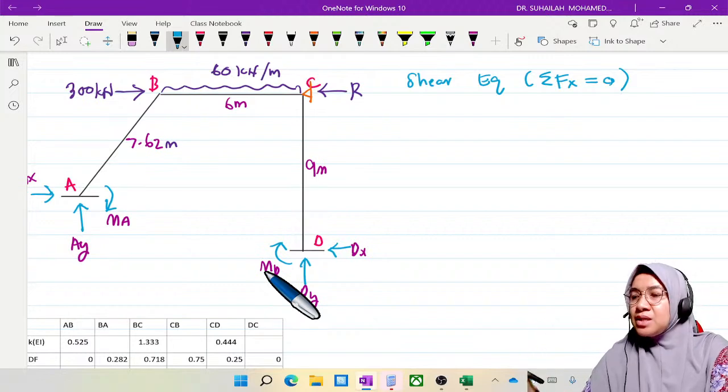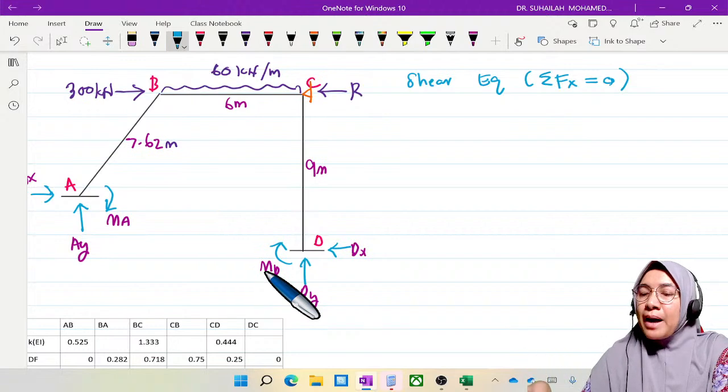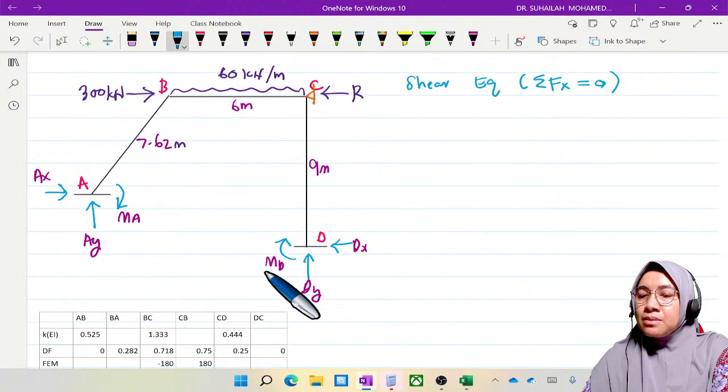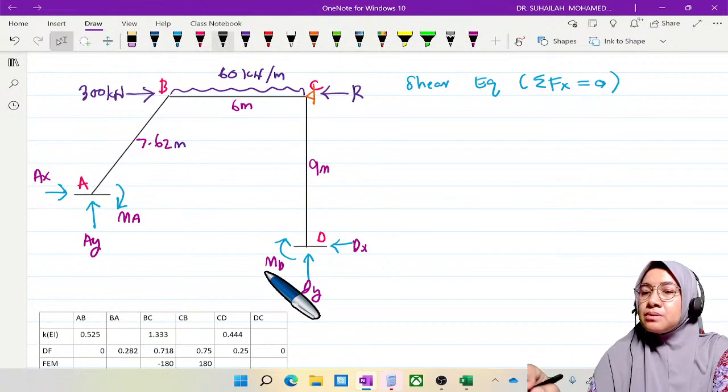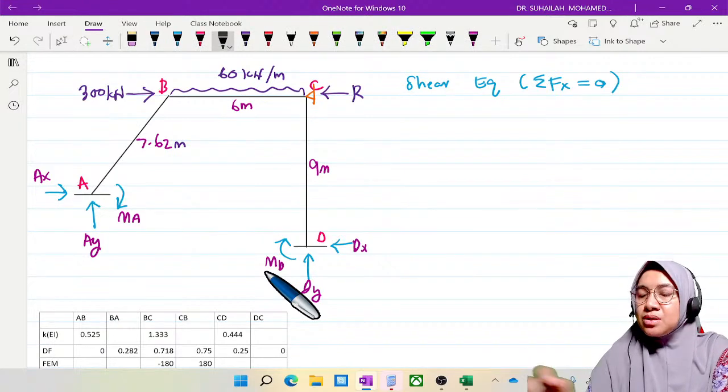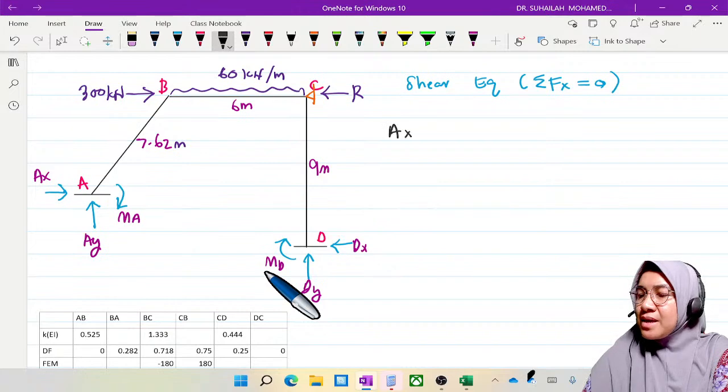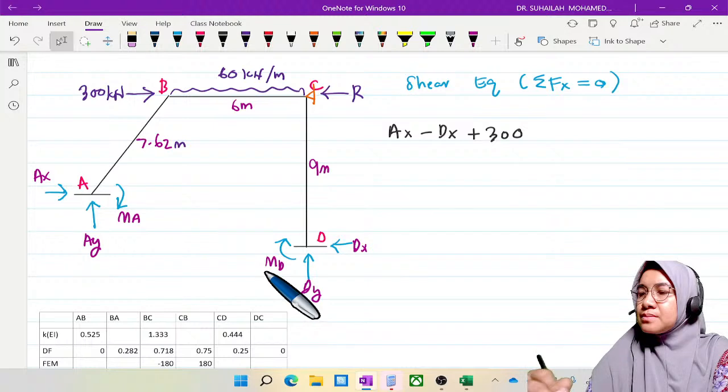So write the shear equation. By looking at this diagram, this will be the equation: Ax minus Dx plus 300 minus R is equal to 0.